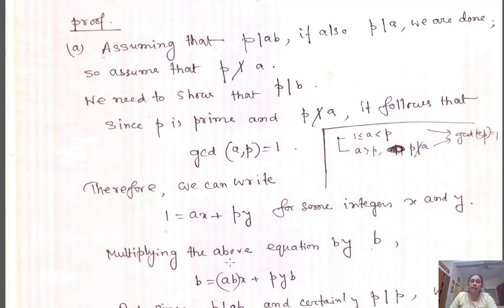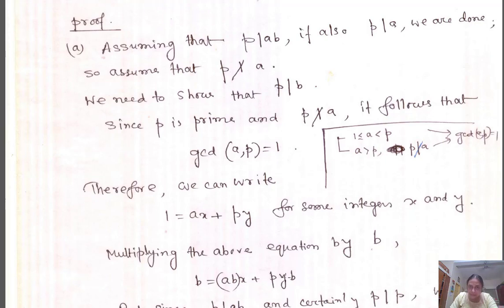Now you can see in this equation, on the right hand side, it is given that p divides ab, and the other term already contains p.